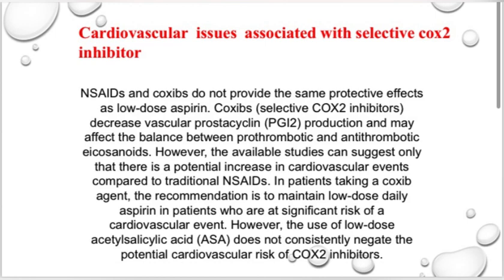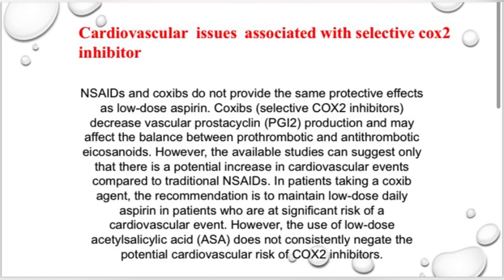However, the available studies suggest only that there is a potential increase in cardiovascular events compared to traditional NSAIDs. In patients taking a coxib agent, the recommendation is to maintain low dose daily aspirin in patients who are at significant risk of cardiovascular events.